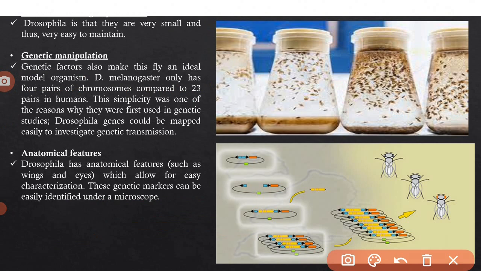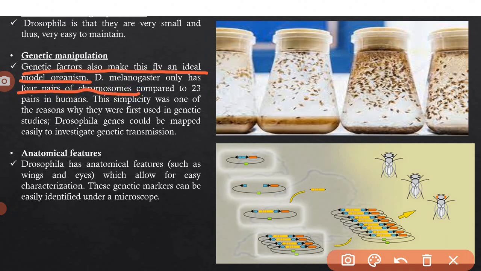That's why it is very easy to map the Drosophila melanogaster genome, which makes it an ideal model organism. The genetic factor also makes this fly ideal. It has only 4 pairs of chromosomes.